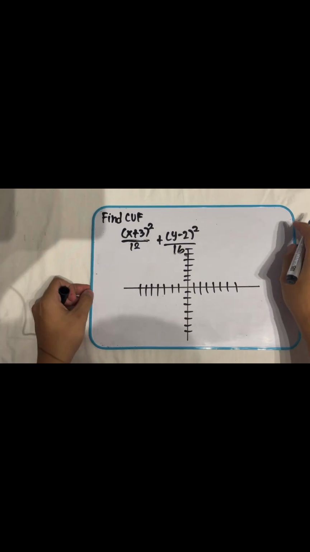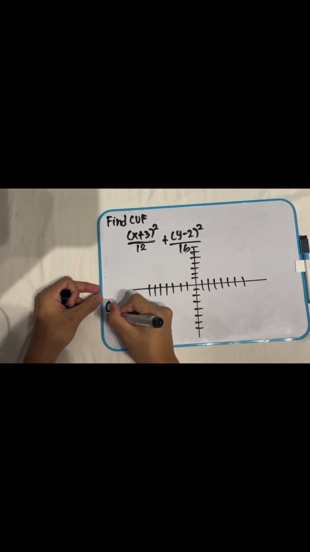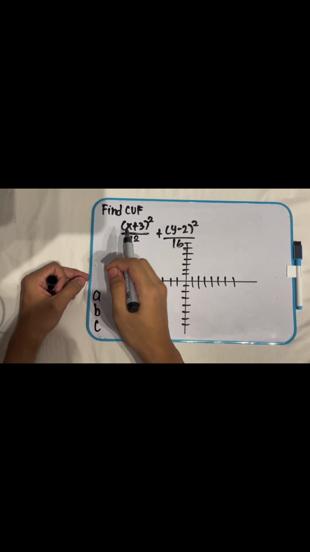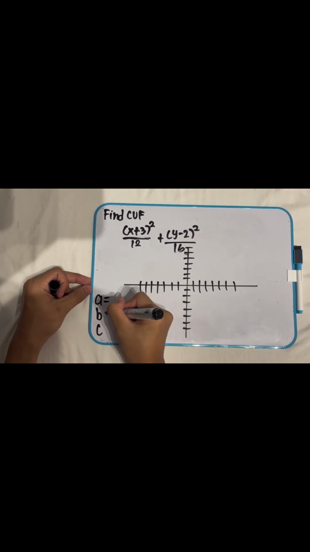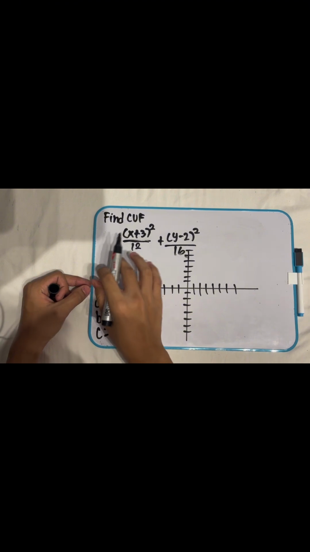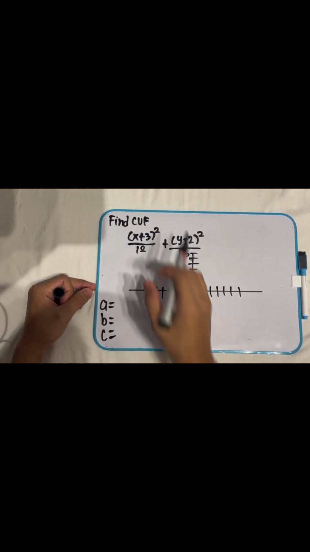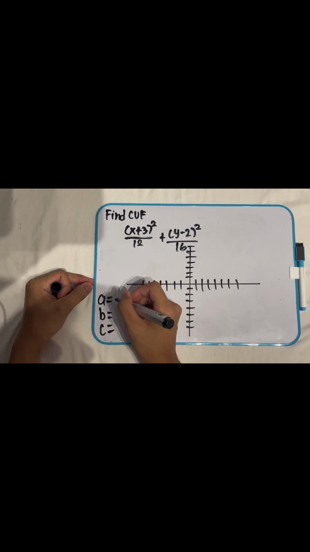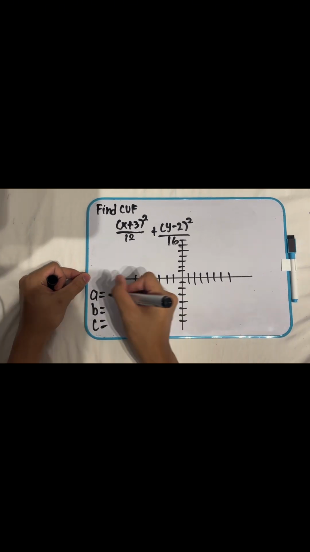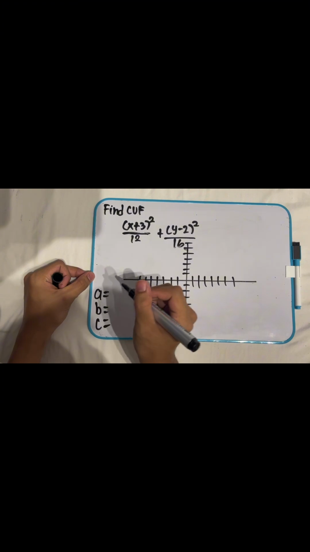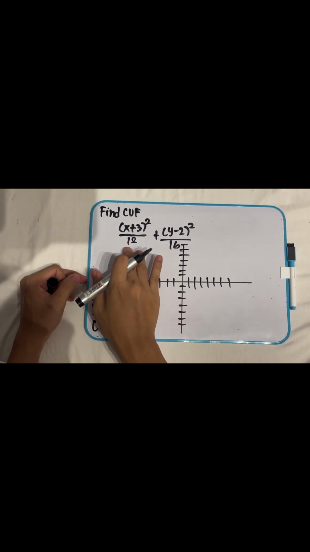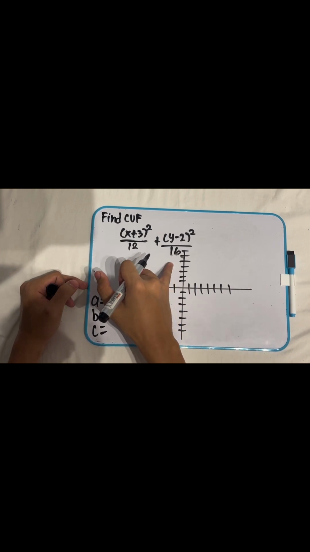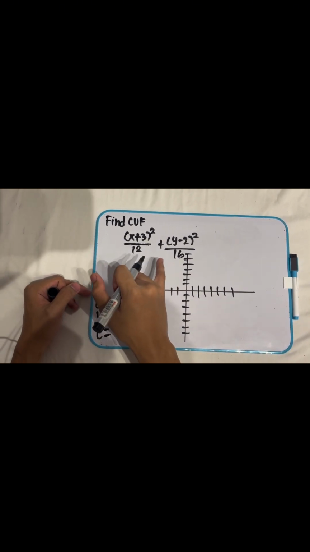So, first, let's find the values of our a, b, and c. So, we are looking for c, v, and f. This is our given. So, our a squared is 16, and b squared is 12. Sorry, this is b and this is a, since a is always supposed to be bigger than b.